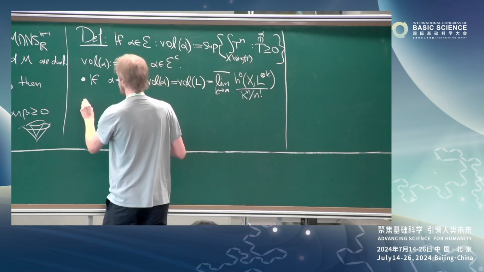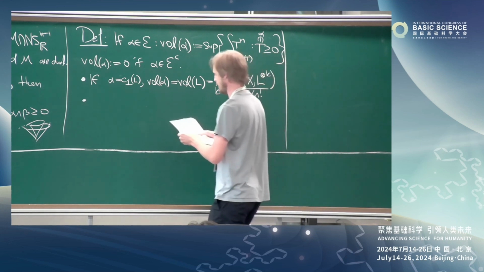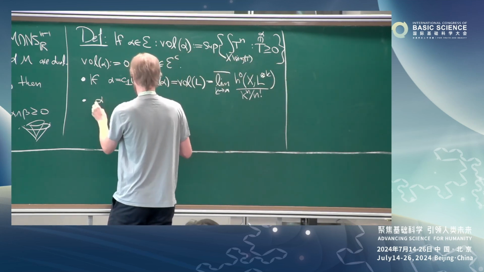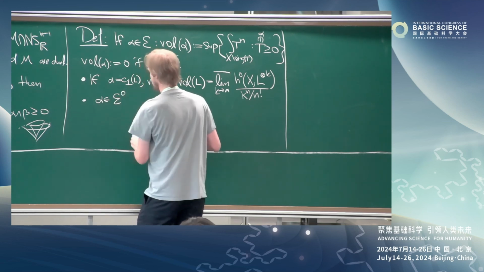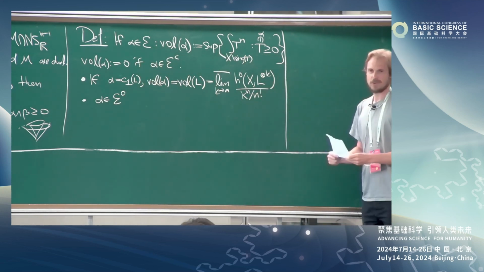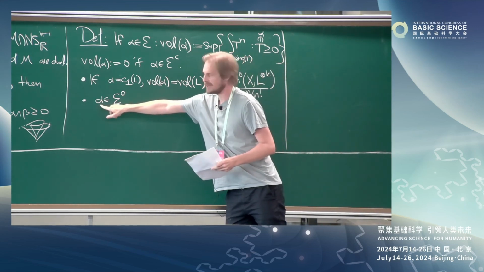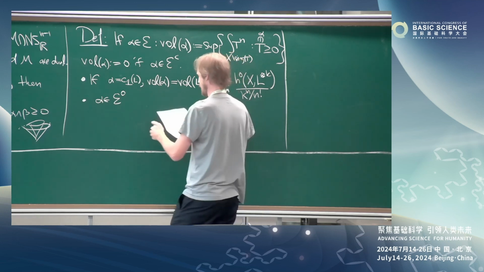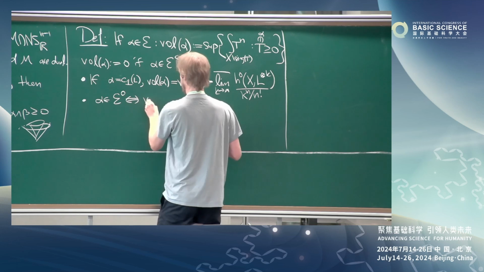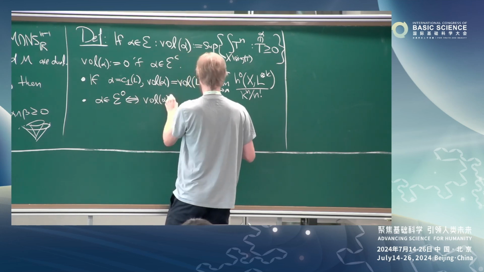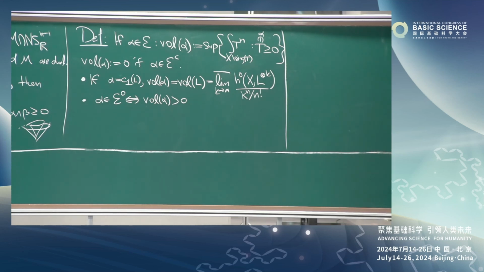Okay, and another key aspect is that a class lies in the interior of the pseudoeffective cone, and then you say that alpha is big, if and only if this volume is strictly positive.